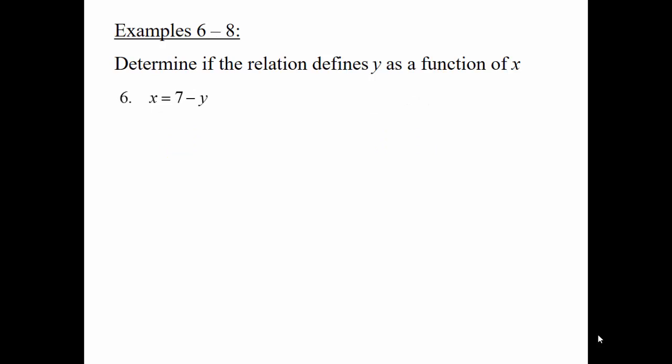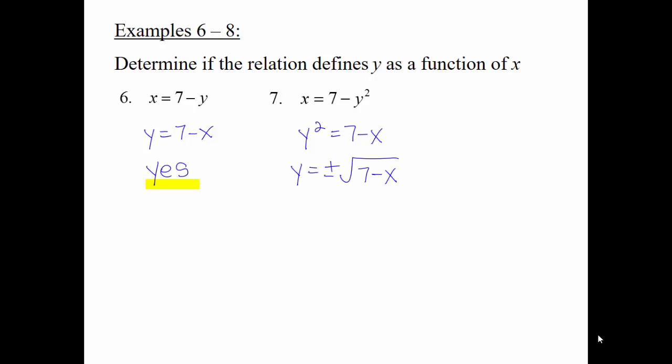Determine if the relation defines y as a function of x. y is equal to 7 minus x. So yes, it's a function. x equals 7 minus y squared. y squared is equal to 7 minus x. And so then here we have y equals plus or minus the square root of 7 minus x.